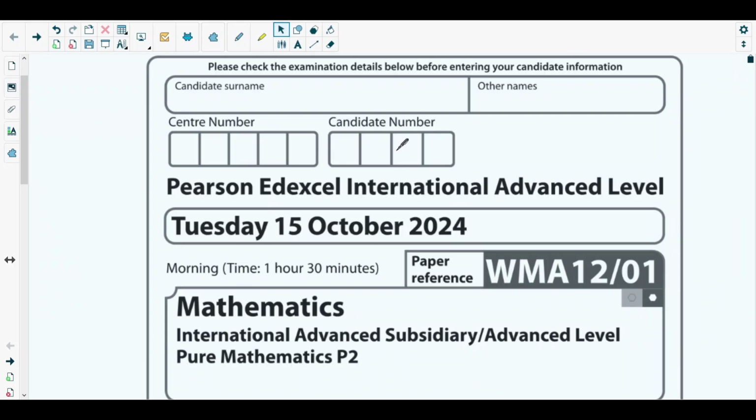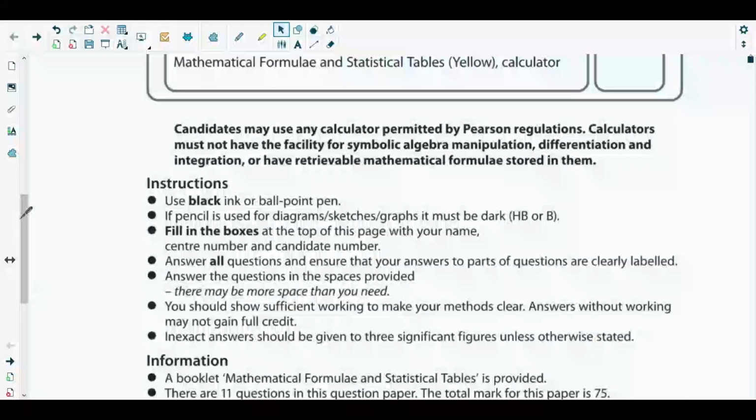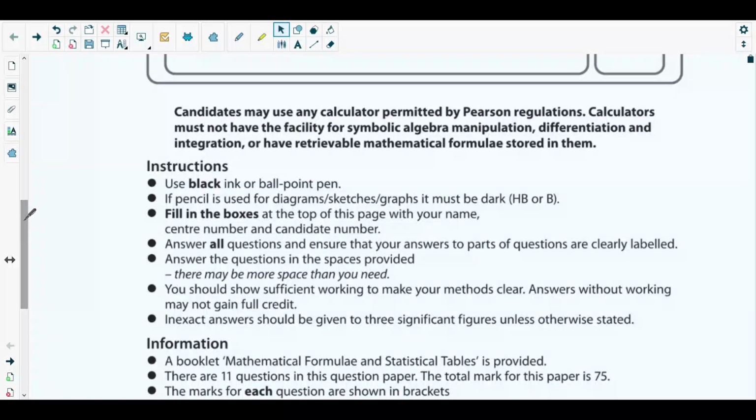In this playlist, I'll be uploading the solution videos of each question of the most recent Pure Mathematics 2 paper, which is the October 2024 paper. This paper has a total of 11 questions, so under this playlist you will find 11 videos.